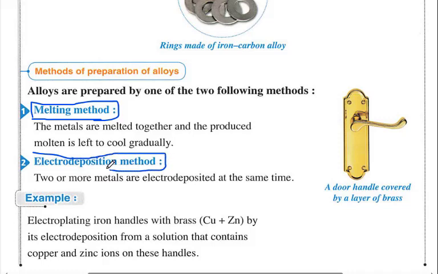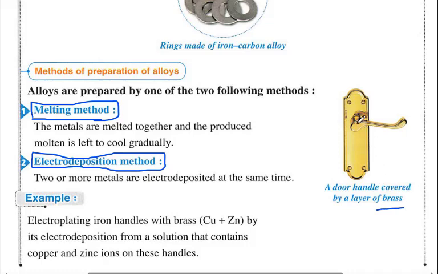From its name, we use electric current from an external source, and we make a deposition of two metals at the same time. At the same time means we make, like this door handle, we cover it by a layer of brass. Brass means copper and zinc.